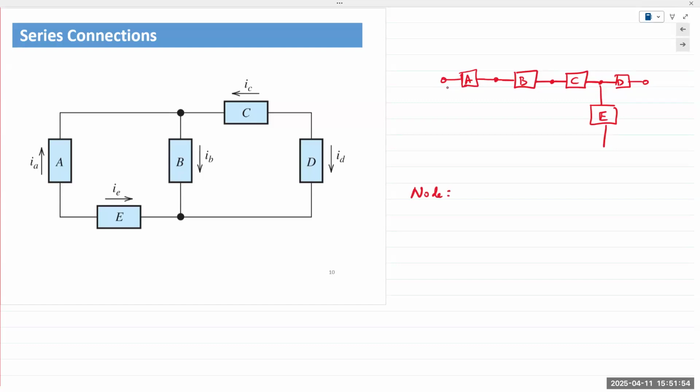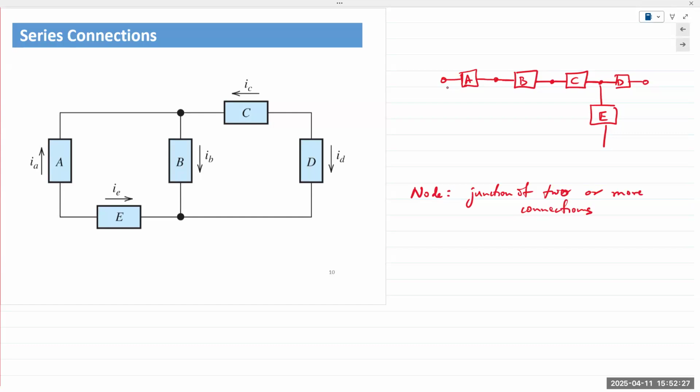Let's describe it: a node is the junction of two or more connections. So an electrical node is a junction of two or more connections. C and D are no longer in series.